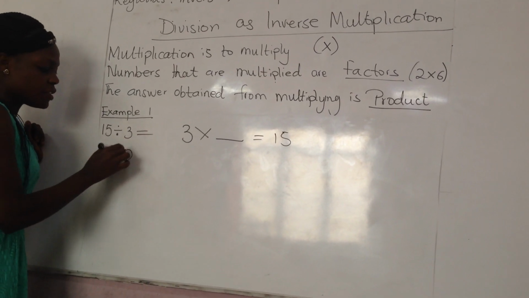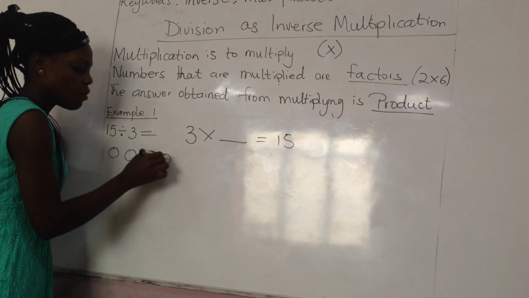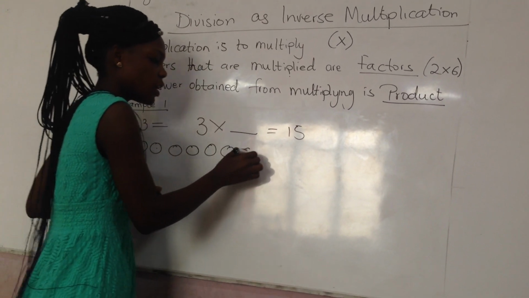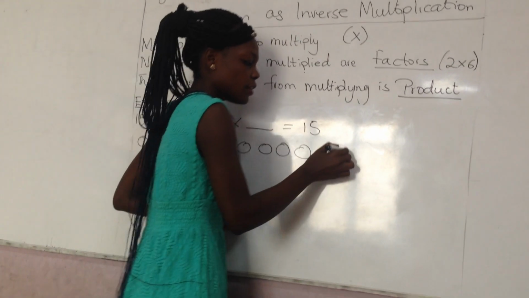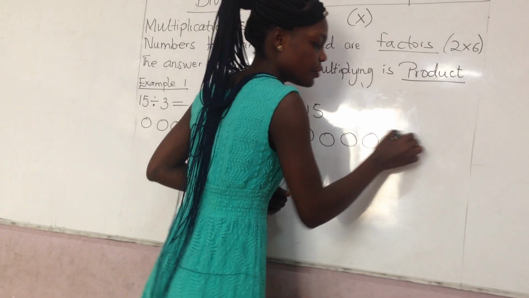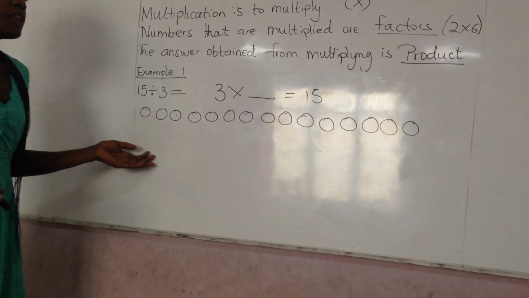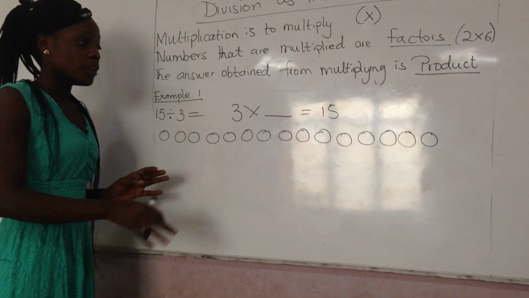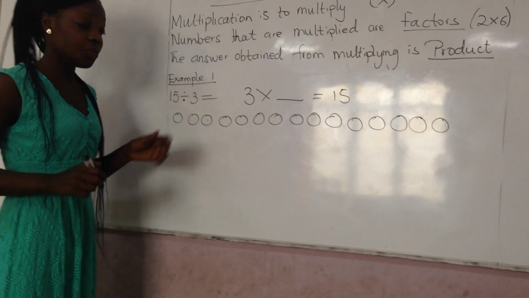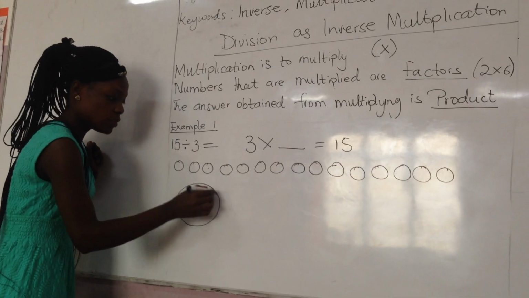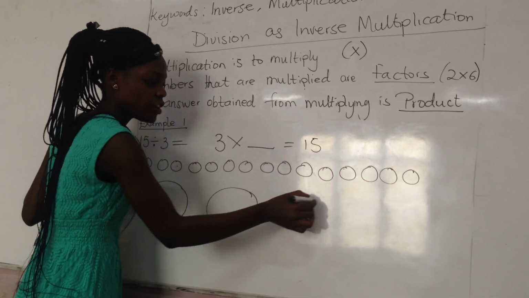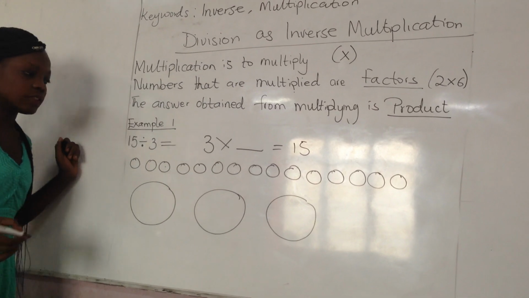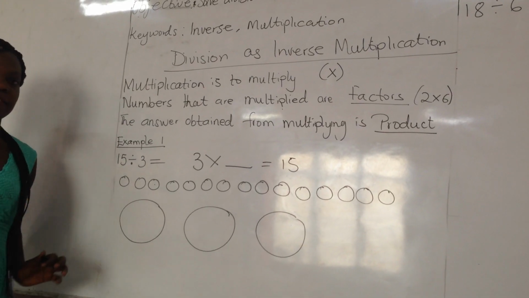So let's say we have these 15 oranges, and we are sharing them with 3 people. We have our circles for the 3 people that are sharing the oranges. How many will each person get?